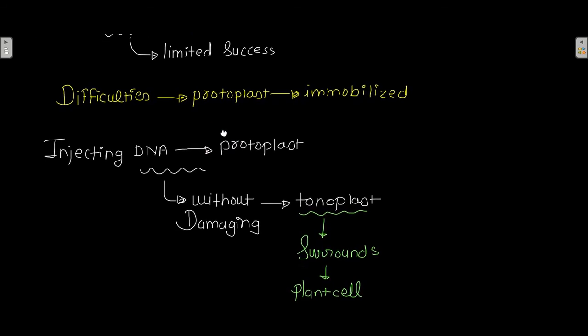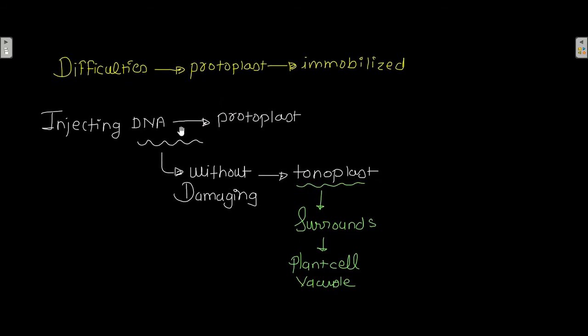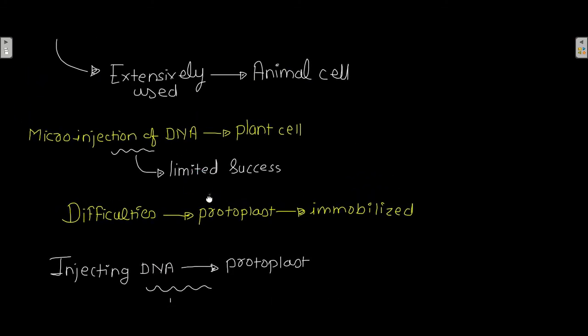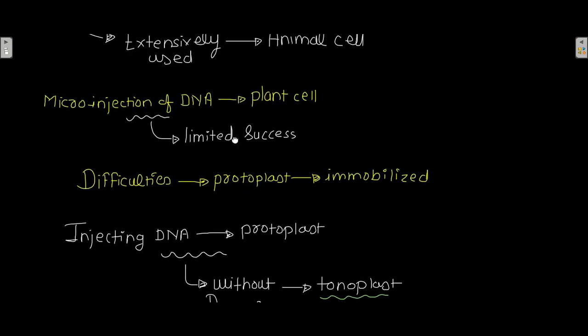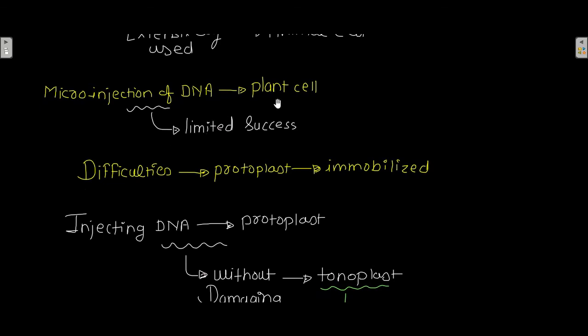And while you inject the DNA into the protoplast, the tonoplast might be damaged. So it is very difficult to inject the DNA into the protoplast without damaging the tonoplast. Tonoplast is the membrane that surrounds the plant cell vacuole. For these reasons, the microinjection technique is extensively used in animal cells, but it has limited success in plant cells.